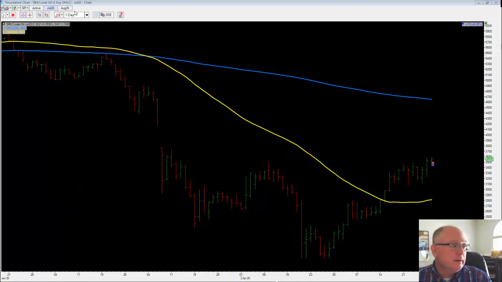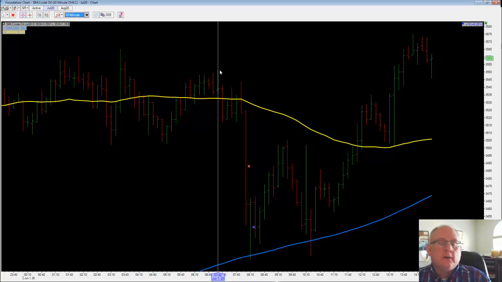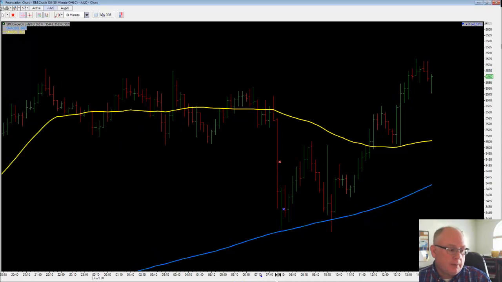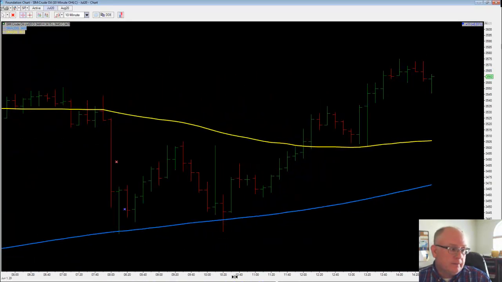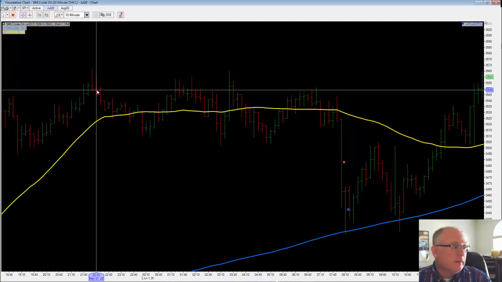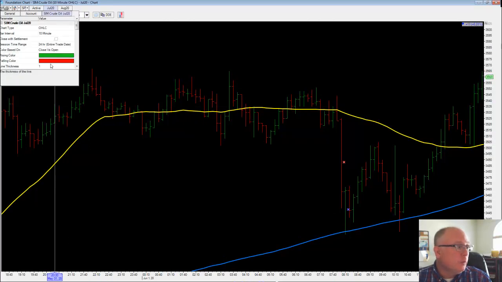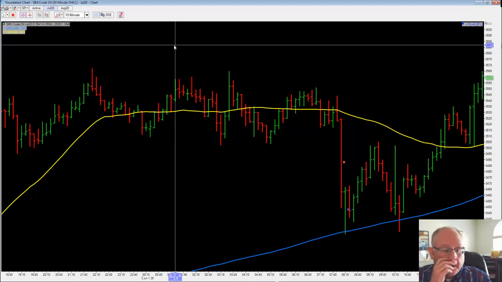So let's move down from here and go to the 10-minute chart, because this actually shows you the 200 bar and the 50 bar a little bit better, and we can play with it a little bit more. What I'm doing is adjusting, let me widen these line thickness out a little bit.